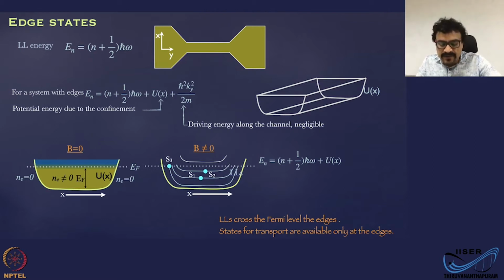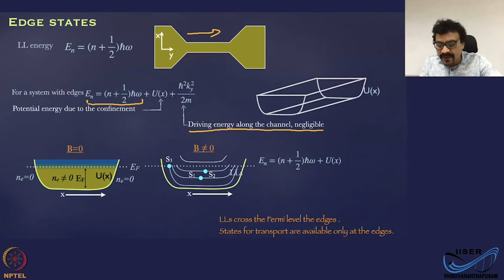Now, the total energy of the electron in the system, say the electrons are moving in the y direction, so they are driven in the y direction by the application of a small voltage, which you can assume is very, very negligible compared to other energy scales in the problem. So that is this ħ²ky²/2m. Okay, and this is the quantized energy as a result of the application of the magnetic field.